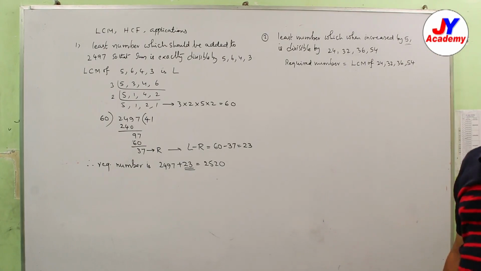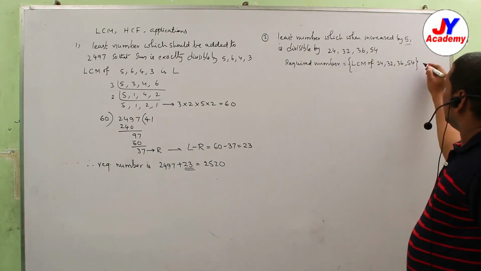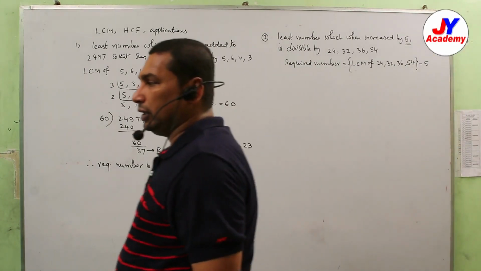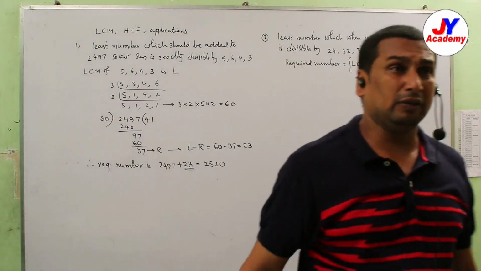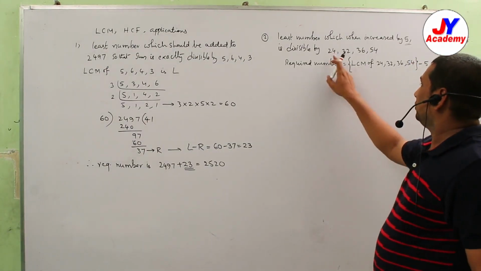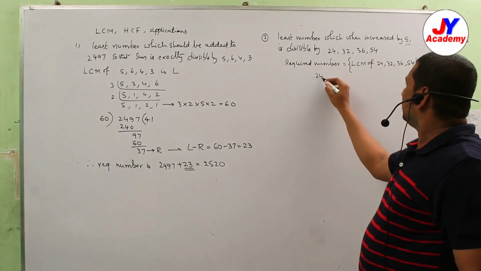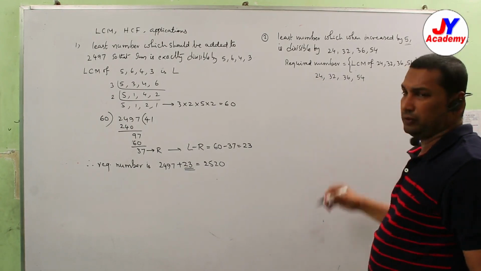If LCM is known, if we subtract 5, then we'll get the answer. If you again add 5 to that answer, it is the least common multiple of the given 4 numbers. So first of all we have to find the LCM of 24, 32, 36, 54.